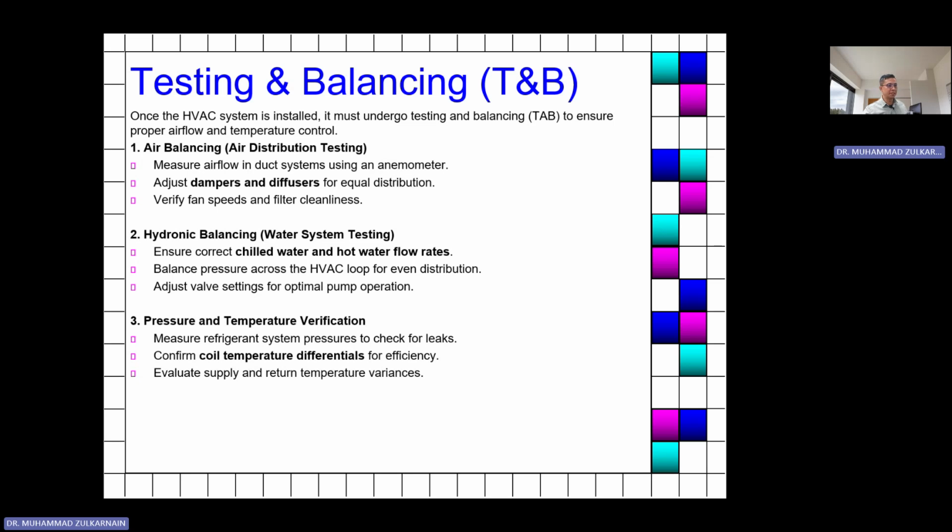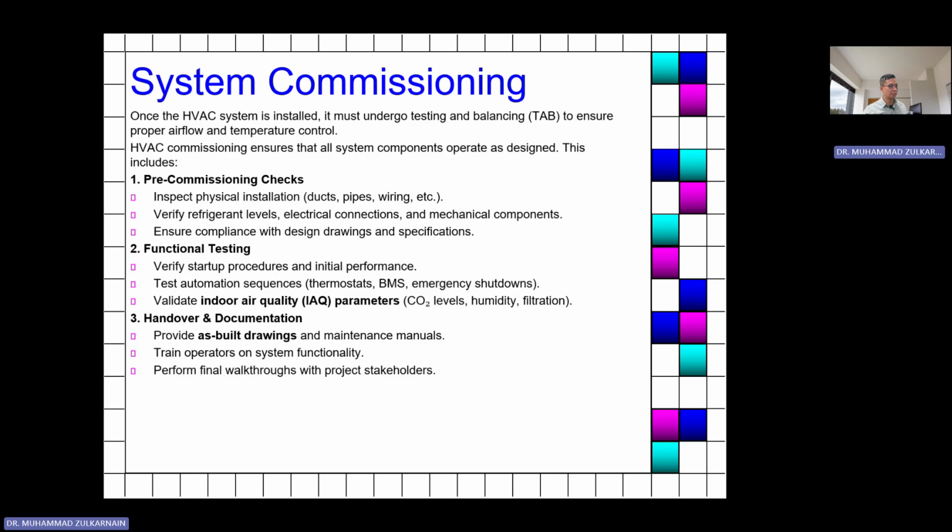And then pressure and temperature. Make sure the temperature is under control. Some temperatures need high pressure, but the pressure is considered safe, meaning the pressure should be controlled. And then the pre-commissioning check, inspecting the physical installation.